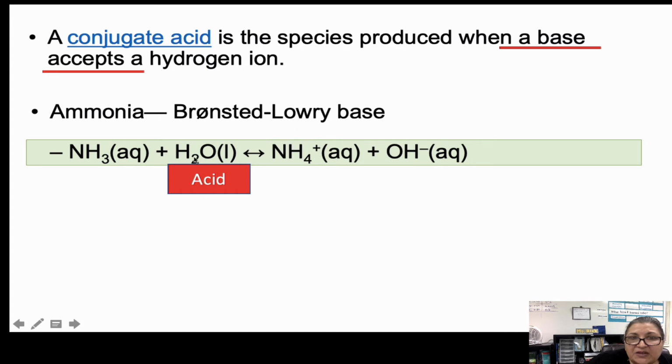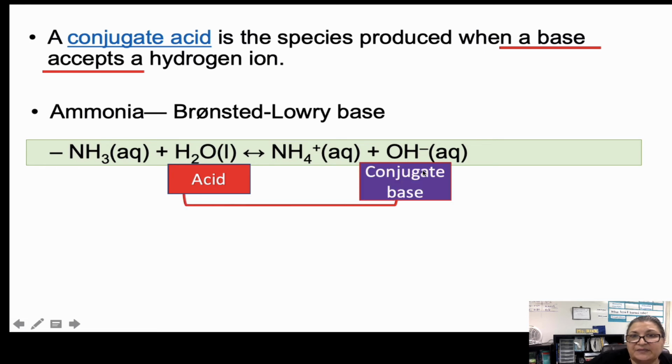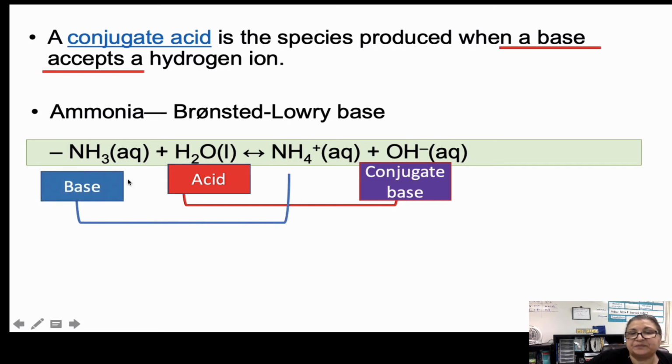So that means water gave it a hydrogen and became NH4. So water is an acid. It lost the hydrogen, so whatever is left is the conjugate, called the conjugate base. We start here because this one accepted a hydrogen, so it's a base. And the one that gained, now it becomes NH4, that's my conjugate acid.